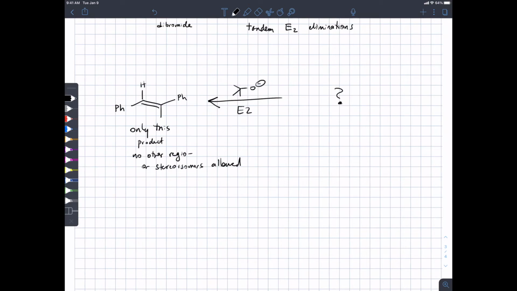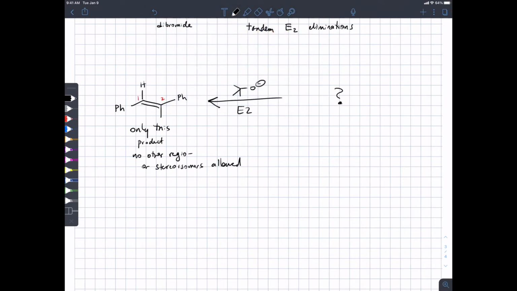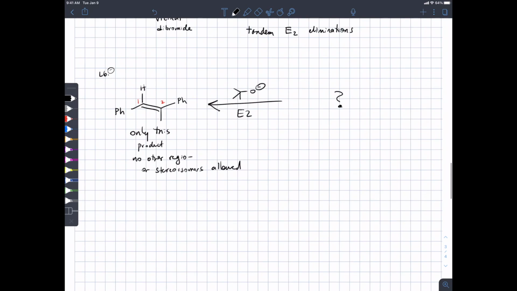So let's deal with the regioisomer issue. You've got two vinyl carbons. We'll call them 1 and 2. If this is an E2 reaction, there has to have been a leaving group that left. So we can use our favorite leaving group, which is bromide.